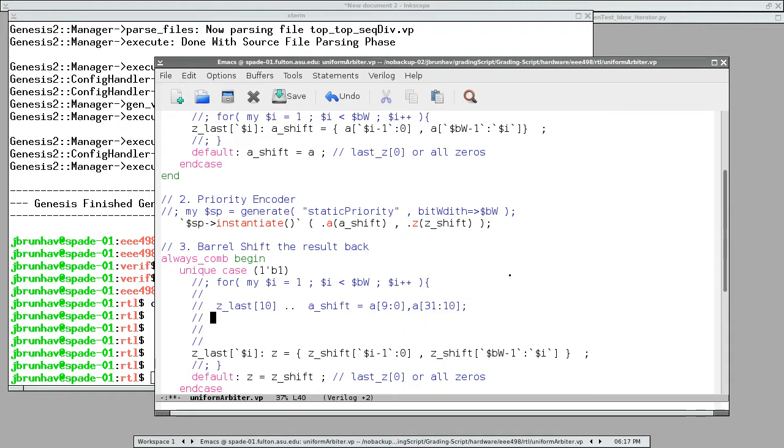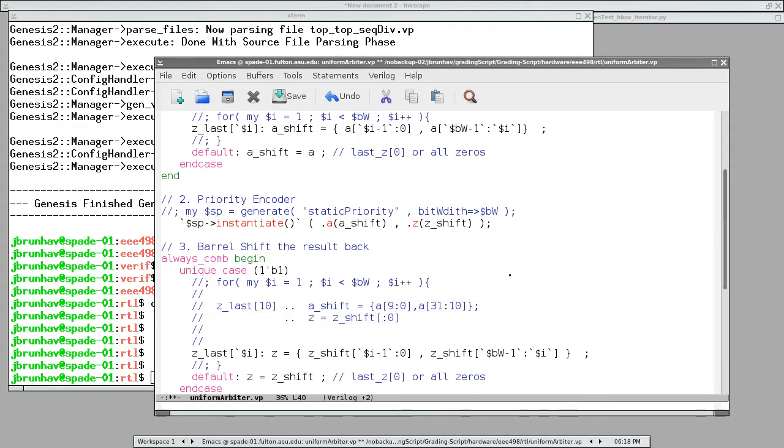Okay, great. And then what we'd like z to be then is we need to put everything back. So I need to take the bottom bits and then put them back at the top. So that would be z_shift. So one of them is 0, so that's the easy one.